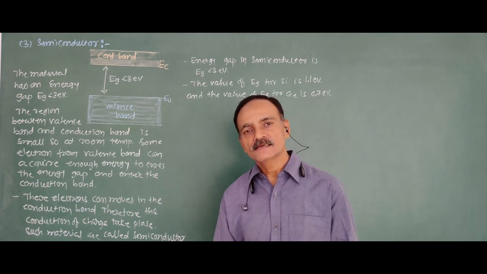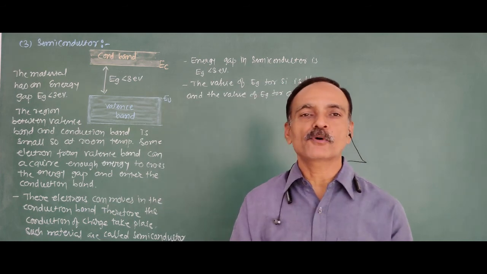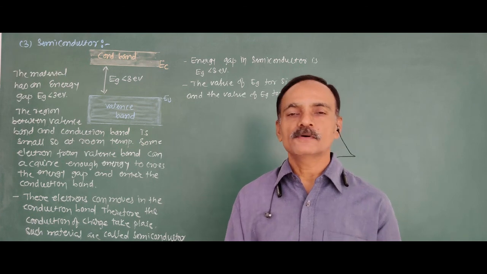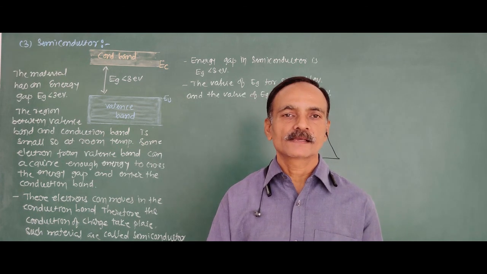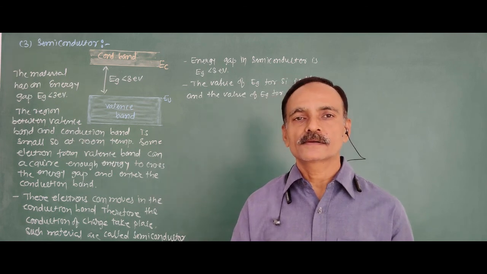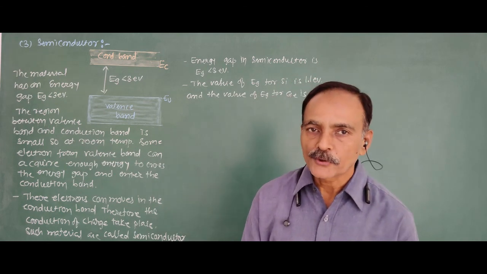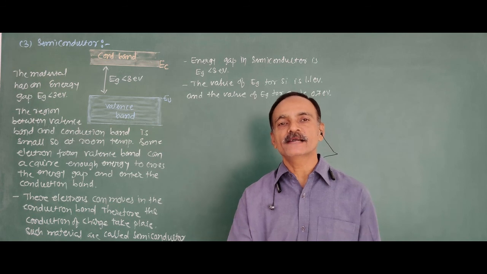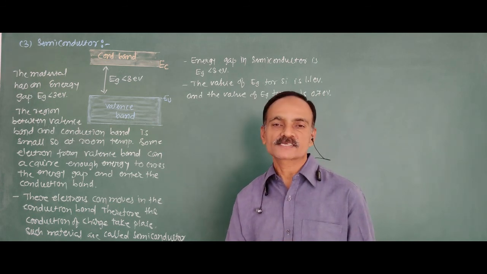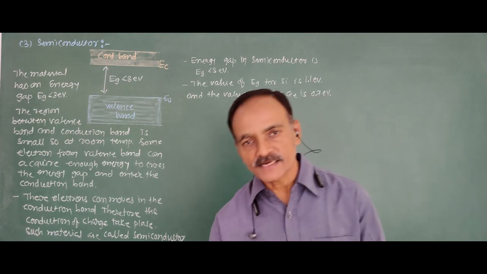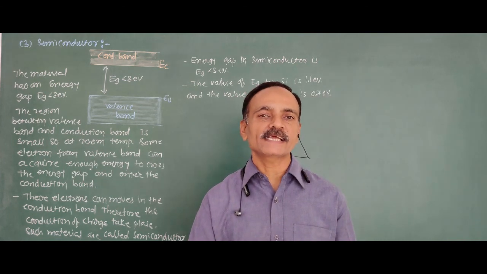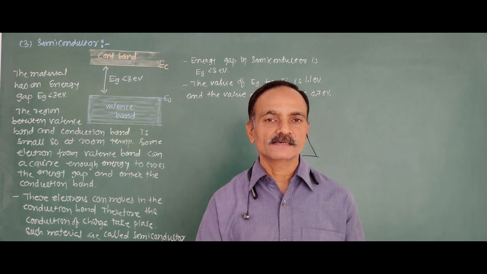As a result, some covalent bonds are broken. Therefore, the electron becomes free, and this electron can cross the forbidden gap and enter the conduction band. This way, the conduction of electricity takes place in a semiconductor.